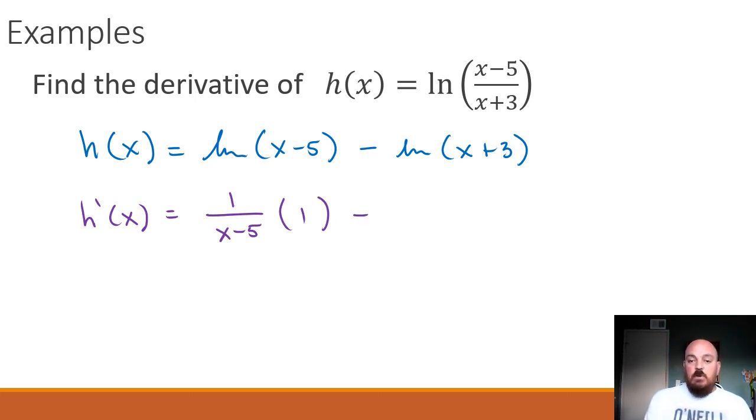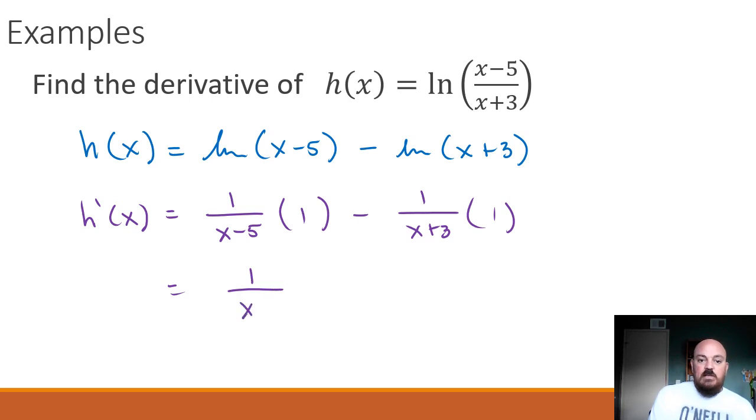Minus, and then I do the second one, natural log of x plus 3. So I start with 1 over x plus 3. I can do a chain rule, but the derivative of x plus 3 is just 1. So what you get is just 1 over x minus 5 minus 1 over x plus 3. And that's your final answer.